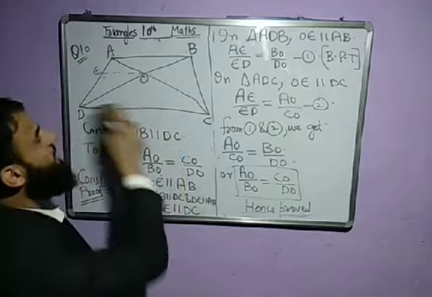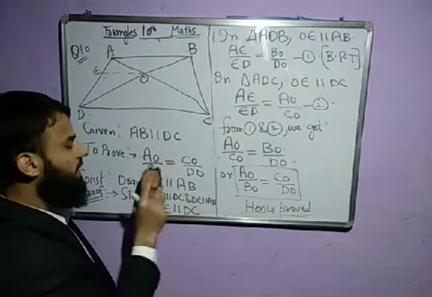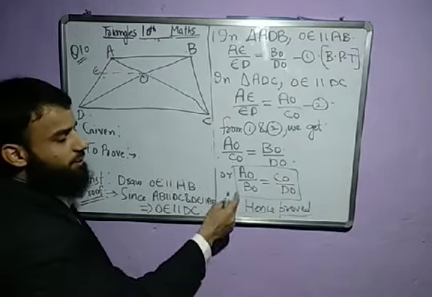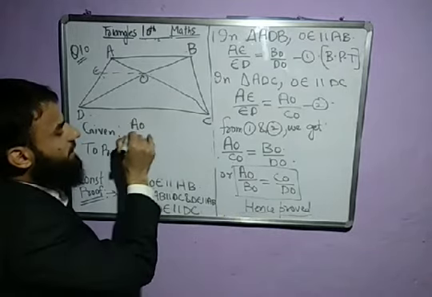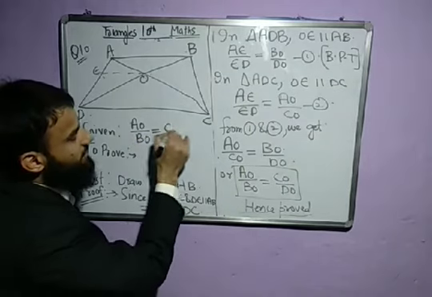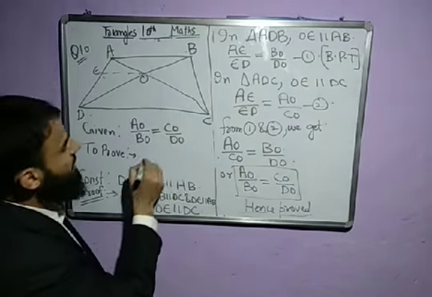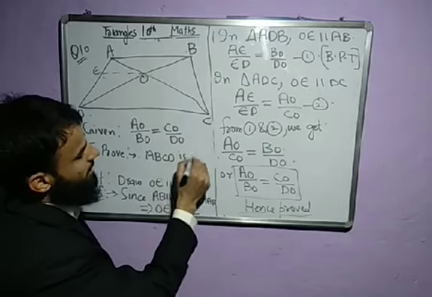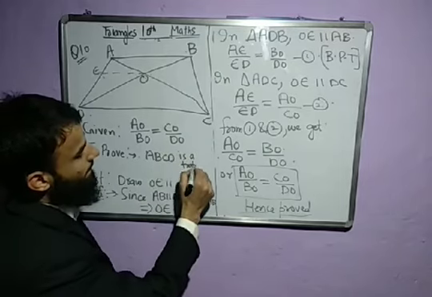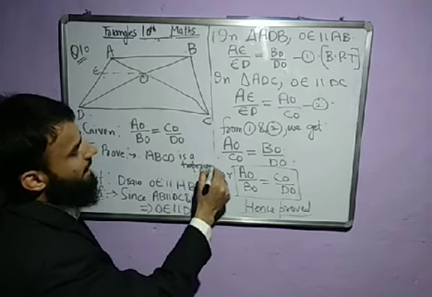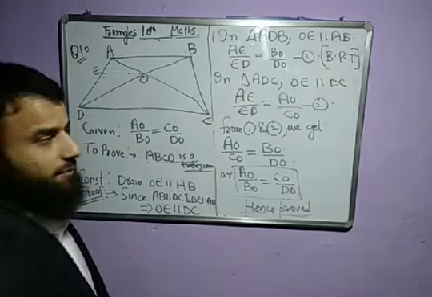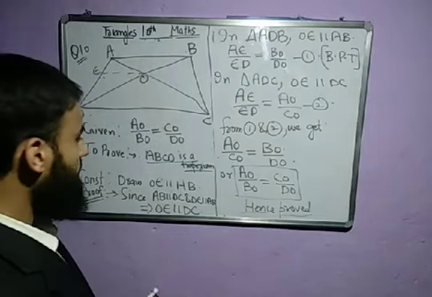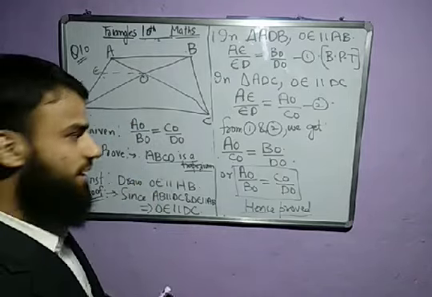It is given that ABCD is a quadrilateral where the ratio which we proved, AO by BO, is equal to CO by DO. You have to prove that ABCD is a trapezium. And how can you prove it is a trapezium? If you find that AB is parallel to DC, then you will surely say ABCD is a trapezium.